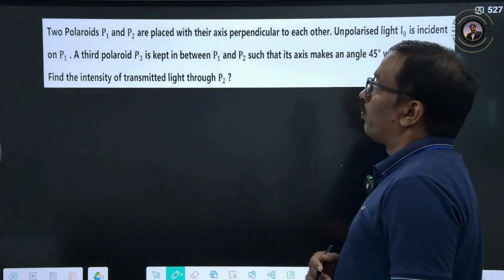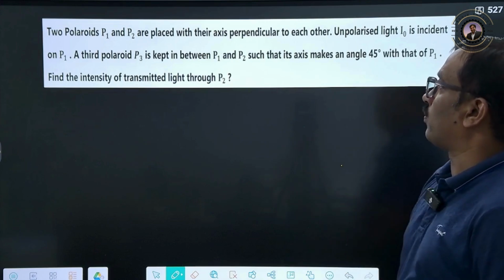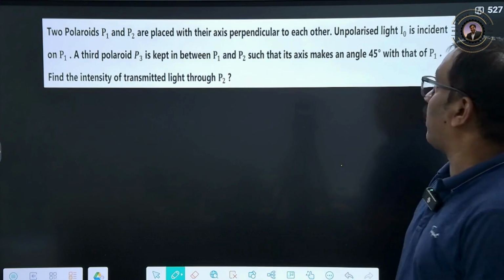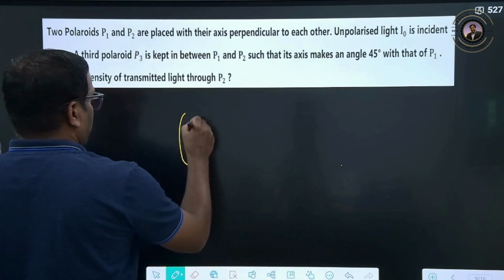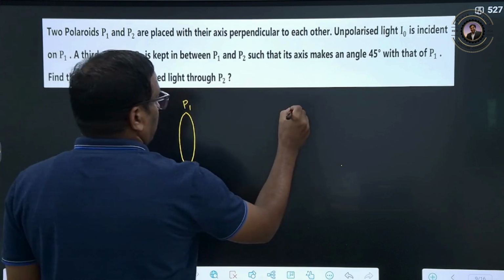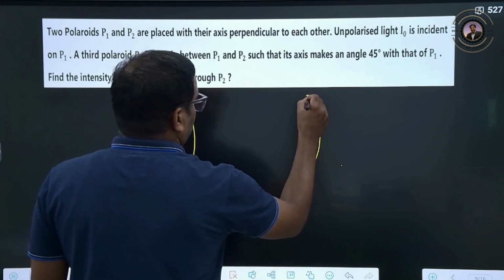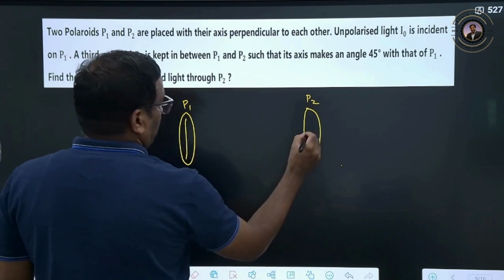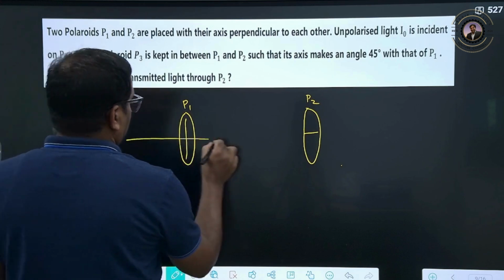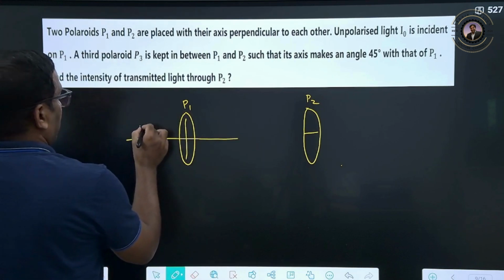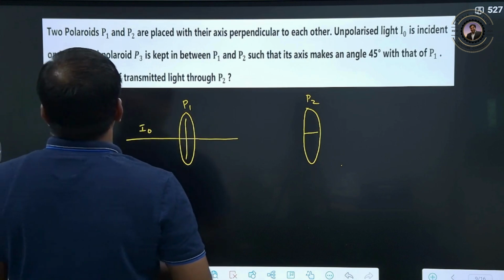Right. Two polaroids P1 and P2 are placed with their axes perpendicular to each other. Therefore, what is given here? This is P1 and here P2. How are they? Perpendicular to each other. Correct? An unpolarized light of intensity I naught is incident on P1.